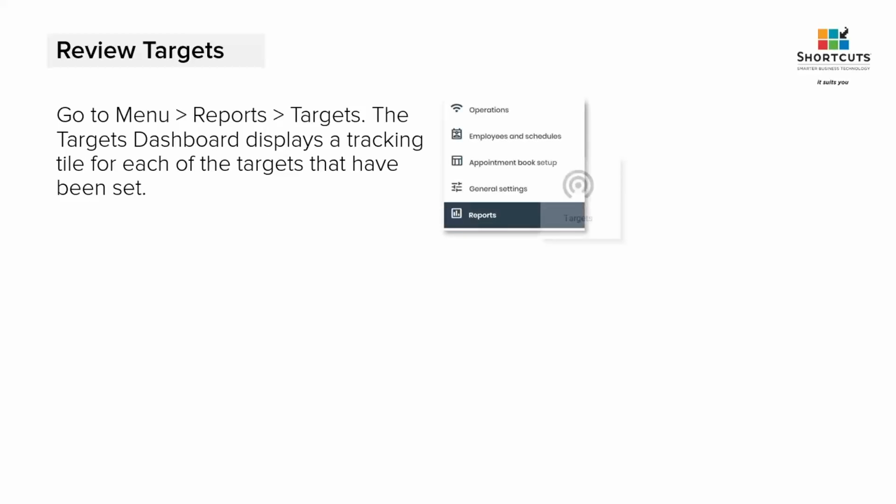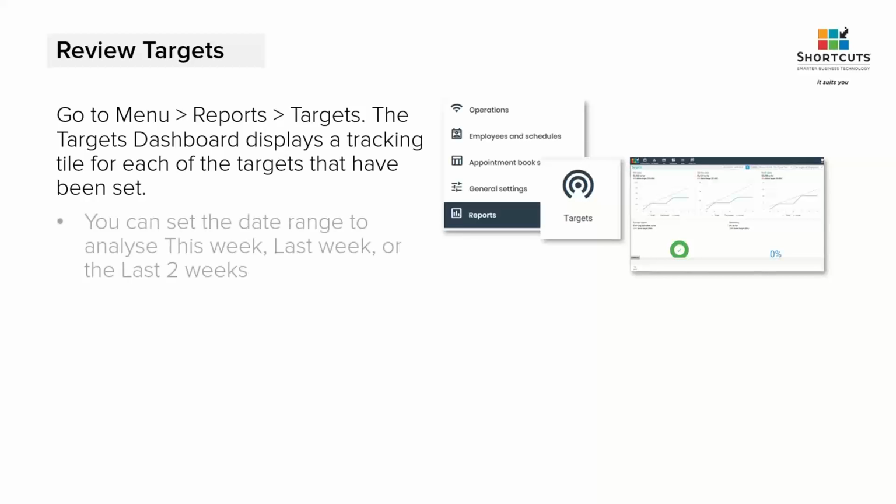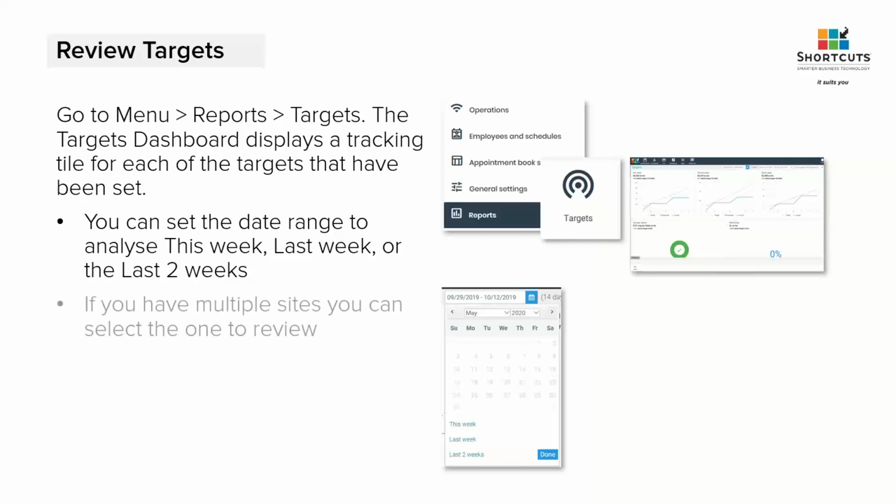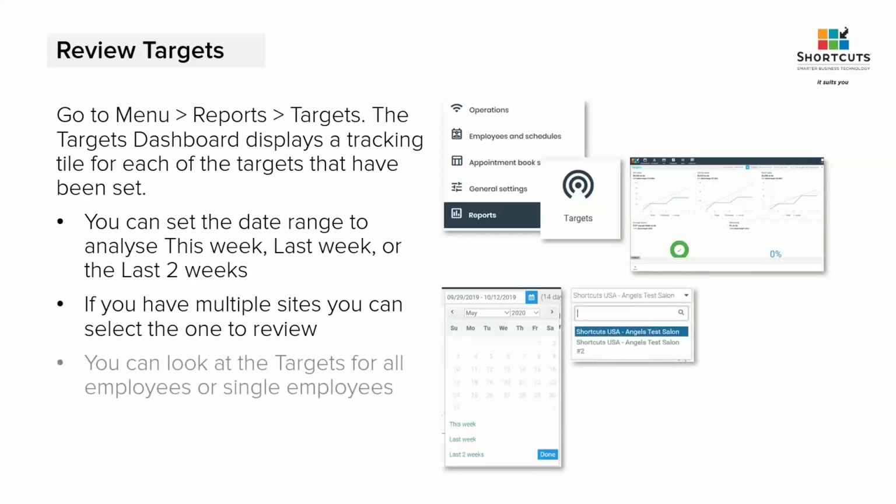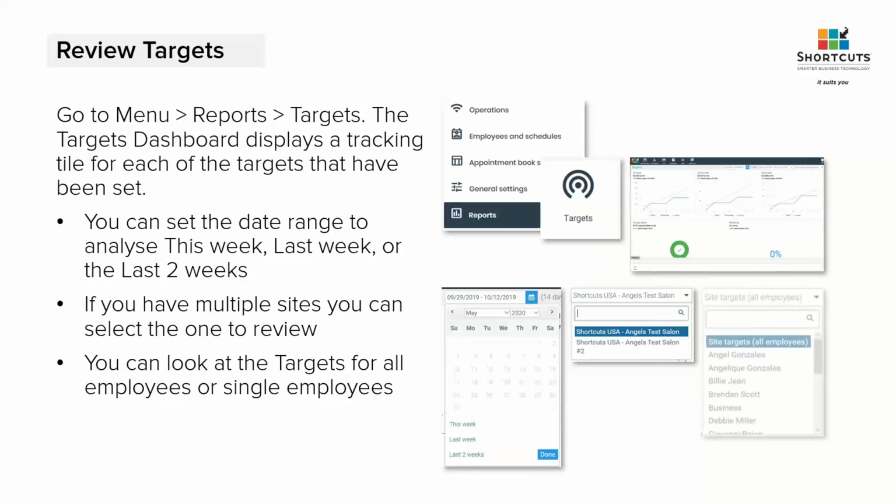Then when you're ready to look at your targets, you would go to Menu and Reports and Targets. So the Targets dashboard will show you, was your staff on track with your averages? Were they above? Were they below? Were they on goal exactly? And you can analyze this week, the last week, or even the last 2 weeks worth of information.